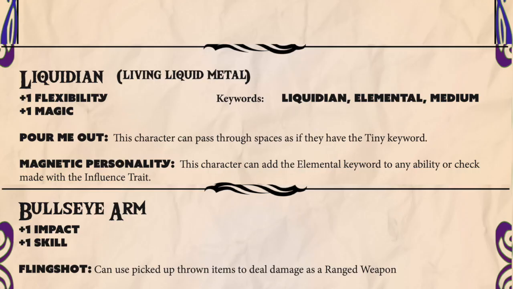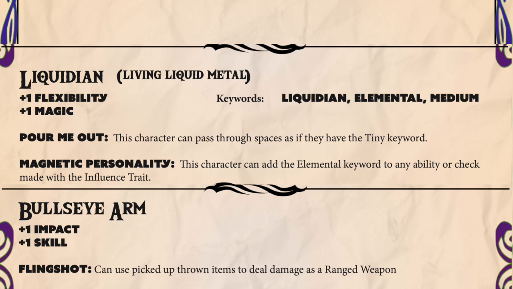Next we have Liquidian Bullseye Arm, and this one again. Now he does throw the little disc several times, like in Civil War, where he hits the tanker, and different things where he's throwing the shrink and grow discs. And so that is a point for Bullseye Arm.